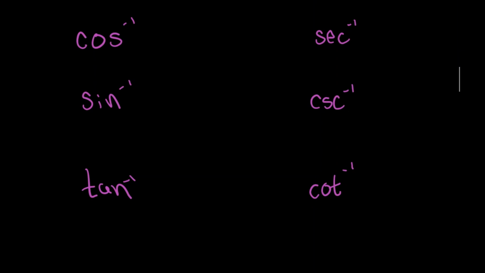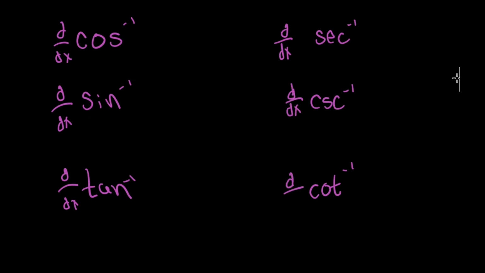If you need to prove it, that would be in another video, and we're not going to get into that. So if we do the derivative of each inverse trigonometric function, you would have to memorize this. However, it's really simple to memorize it once you understand the organization that it follows.